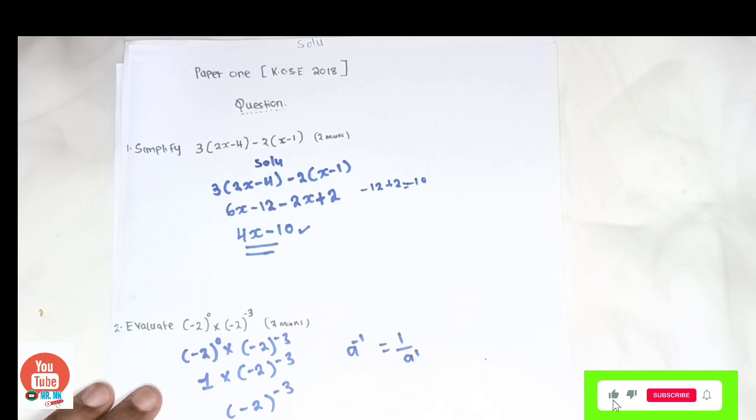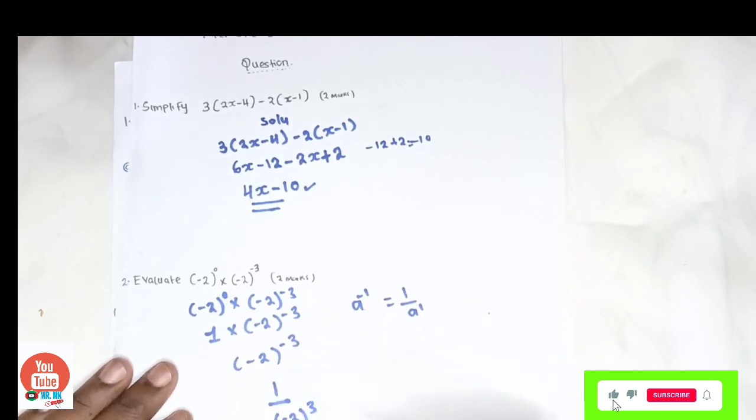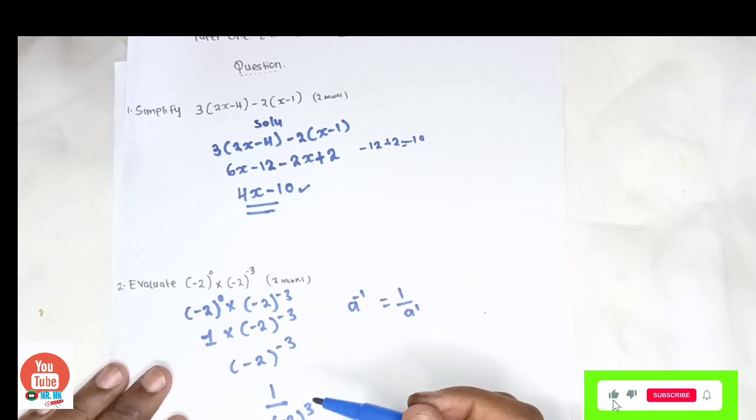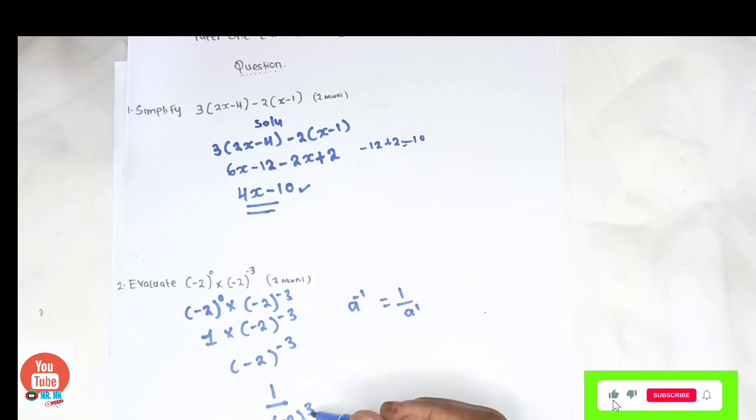For this case, it is raised to negative 3, so the power will change to positive. It is like this: 1 over (-2)^3. Now, negative 2 cubed is negative 8.